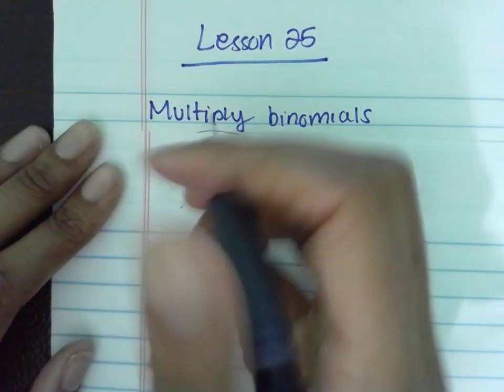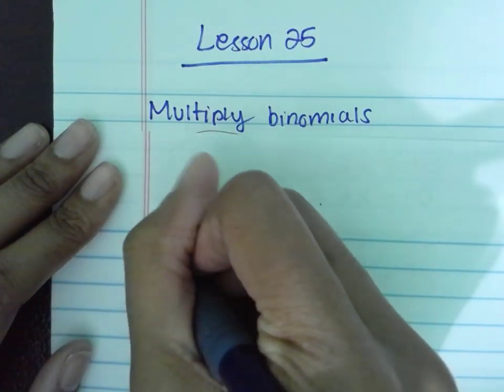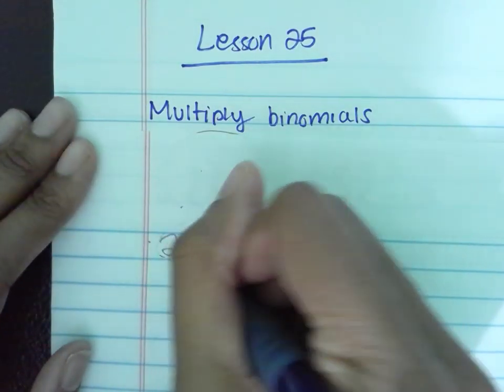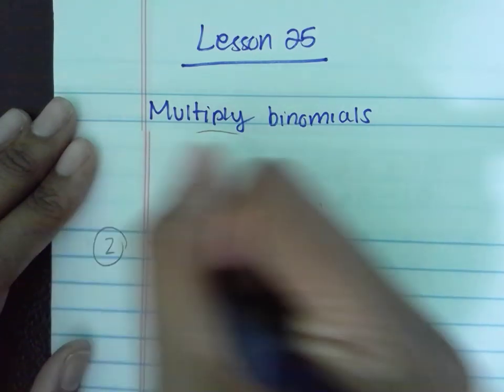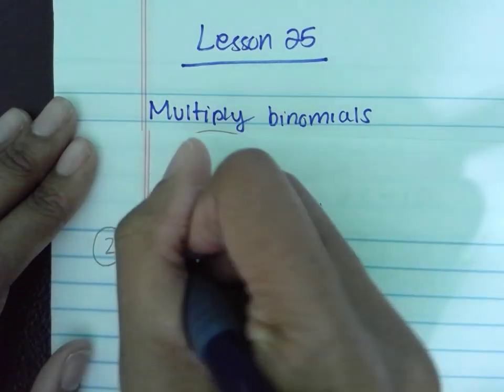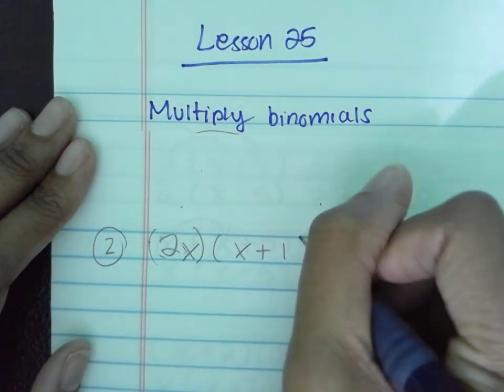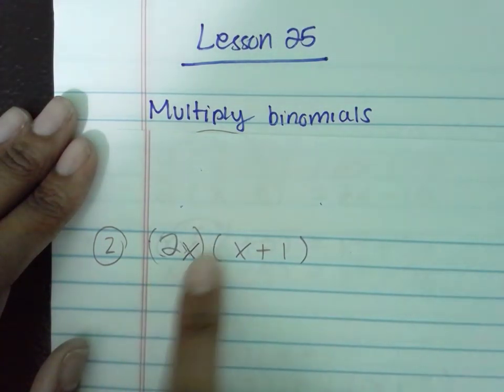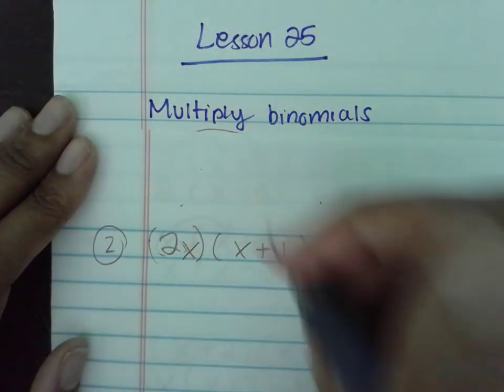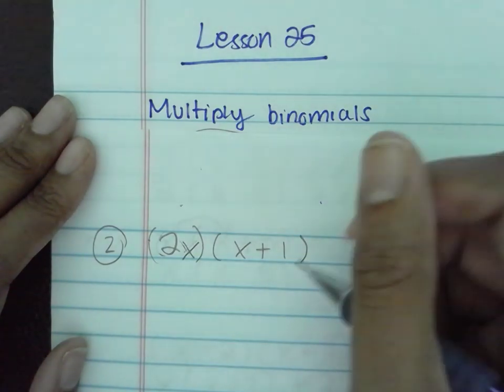So let me do number 2, which is already done for you, but I'm going to go over it. So we have 2x times x plus 1. Notice this is only one term. This is two terms. So the easiest way is just to do distributive property.